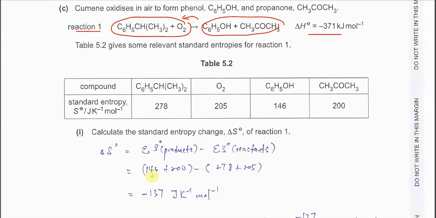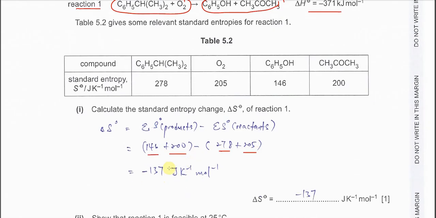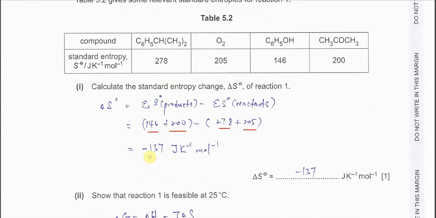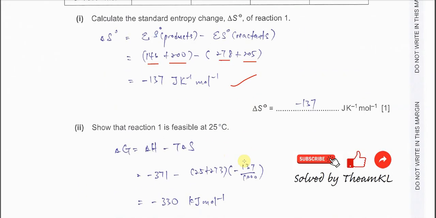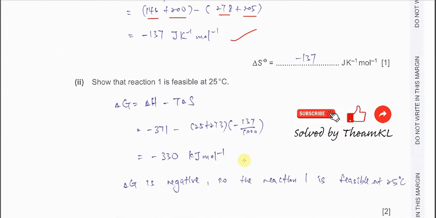The products are phenol and propanone, minus the entropy of cumene and oxygen. Eventually the delta S you get is negative 137 joules per Kelvin per mole. This one is a very simple calculation. After that, show that reaction 1 is feasible at 25 degrees C.